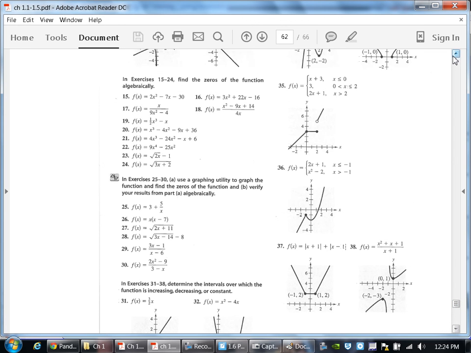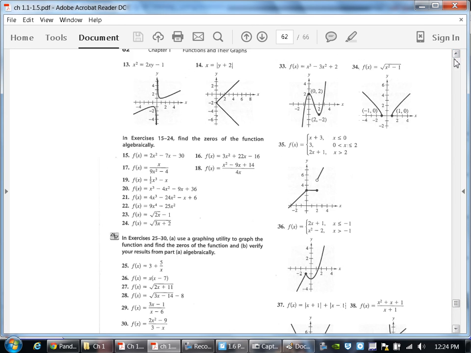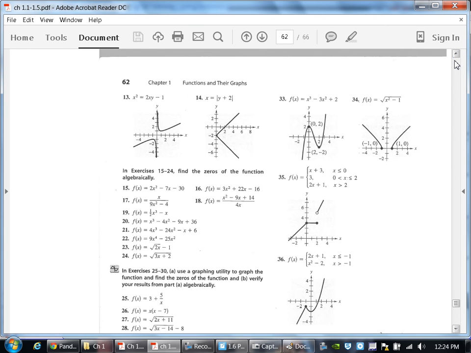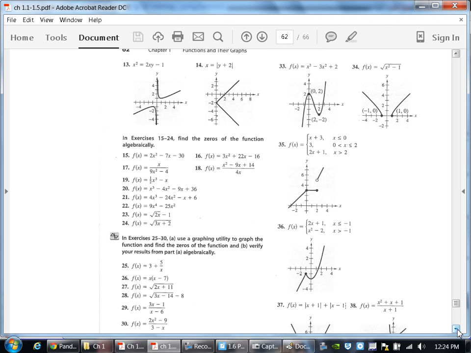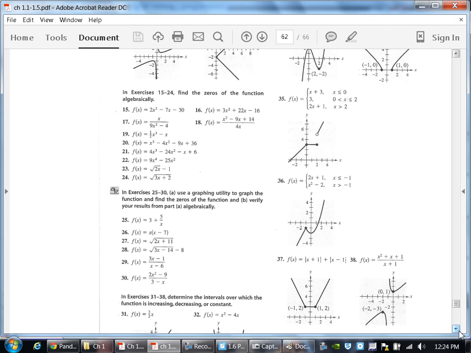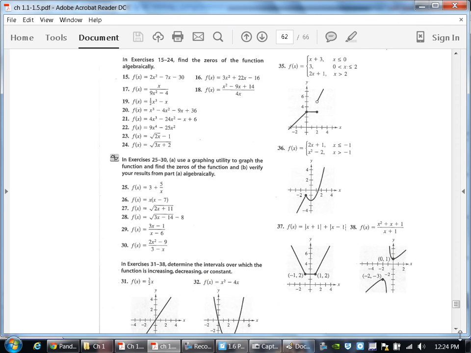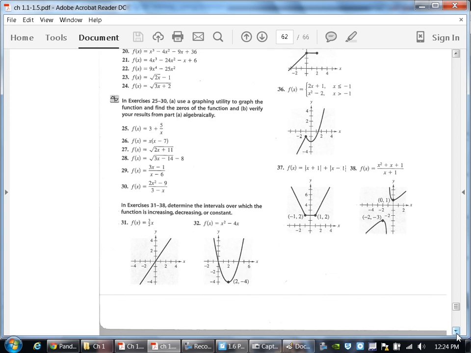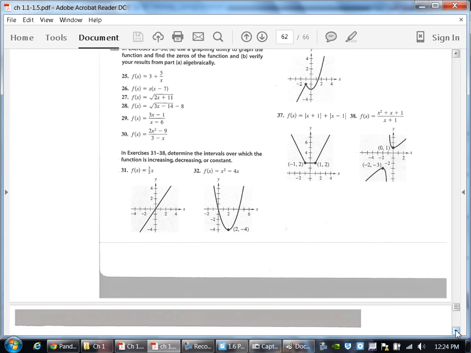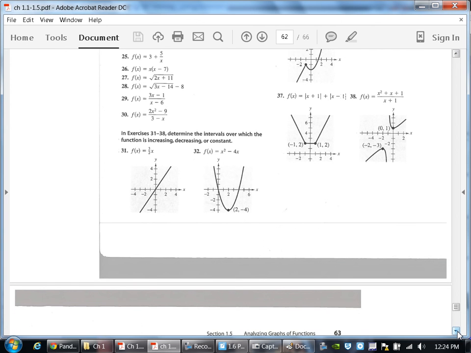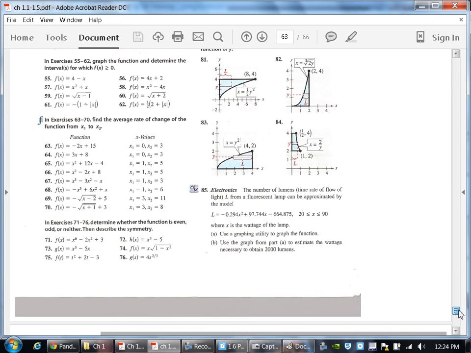Why are they on your quizzes? Yeah, I will. I have them right there. I'm just looking for the change in x for you guys. The test will be calculator, non-calculator, so you guys know. Here we go.